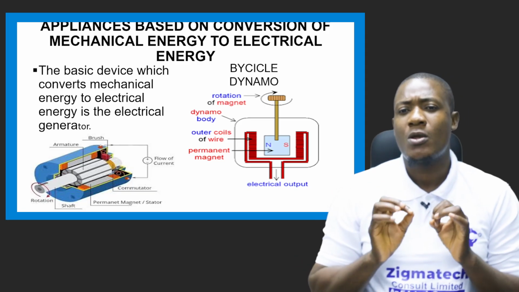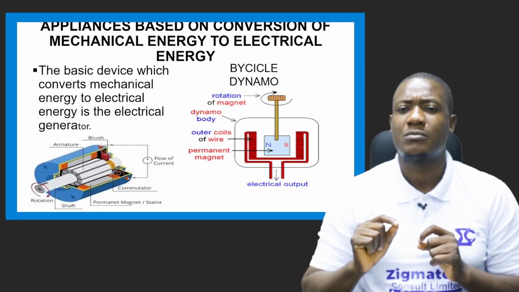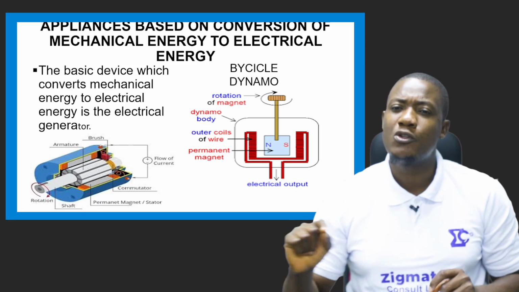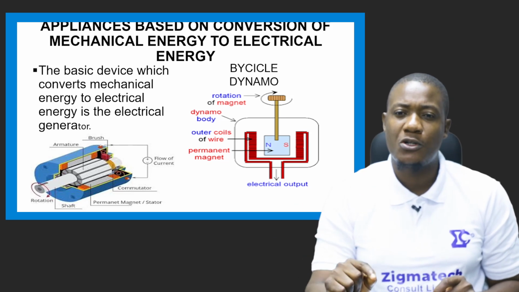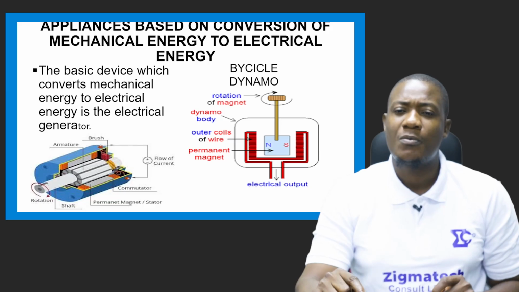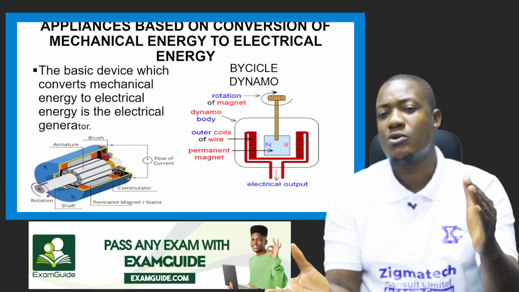I said, when you have a wire and current is flowing through the wire, we call it a current carrying conductor. Wire is a conductor. And you place it in a magnetic field. That means you have two magnets.